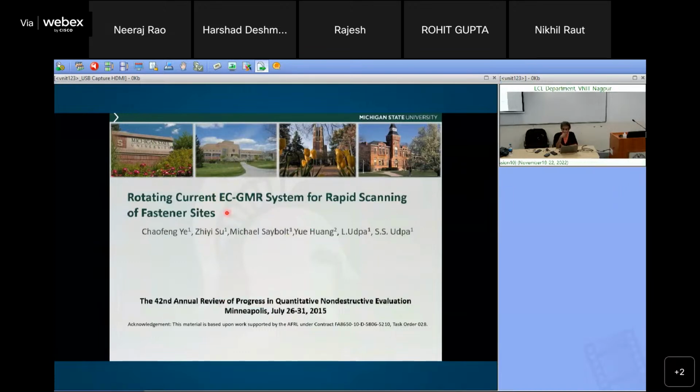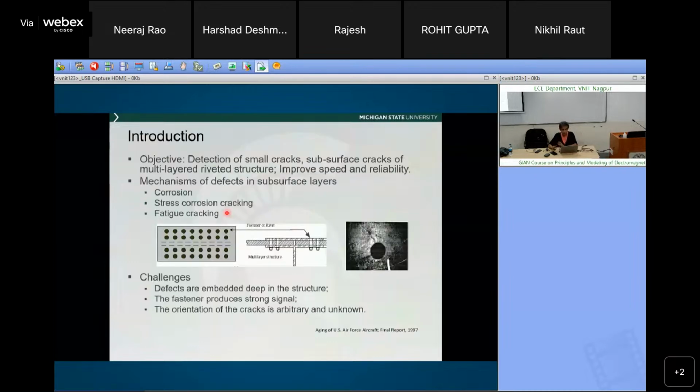Okay, so this allows us, as I mentioned way back then, when you have very low frequency operation, the eddy current signal deteriorates, becomes very noisy, becomes very small. Okay, so this is the project that was given to us.